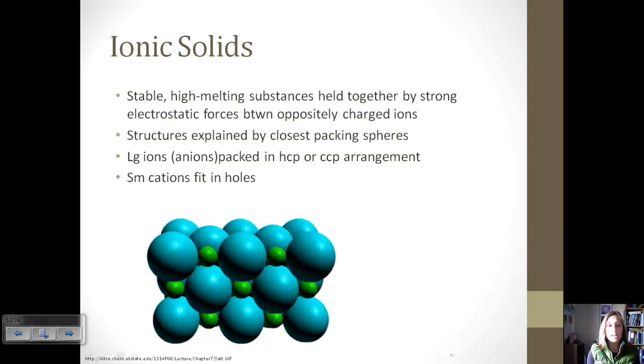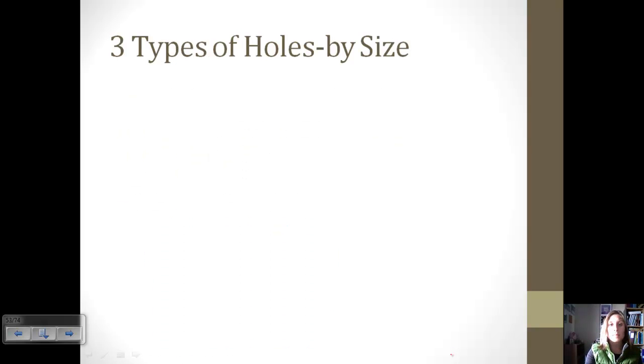And then those small cations will fit in the spaces left by the larger anions. Basically, this arrangement maximizes the attraction between the cation and the anion and minimizes the repulsion between, let's say, two cations or two anions.